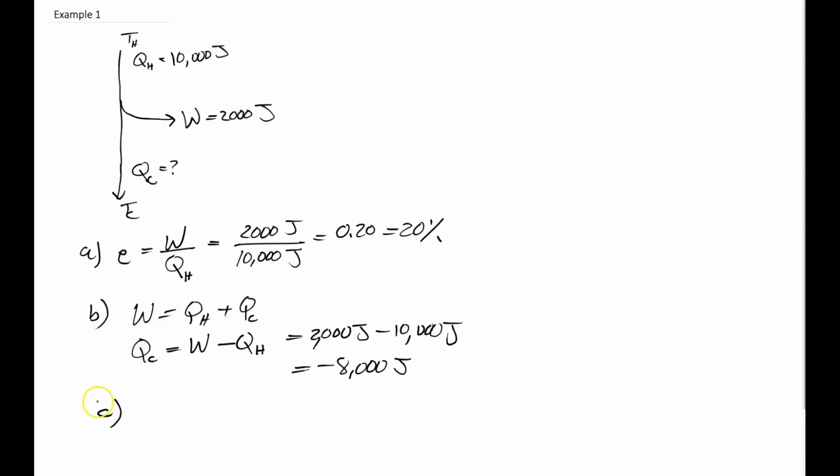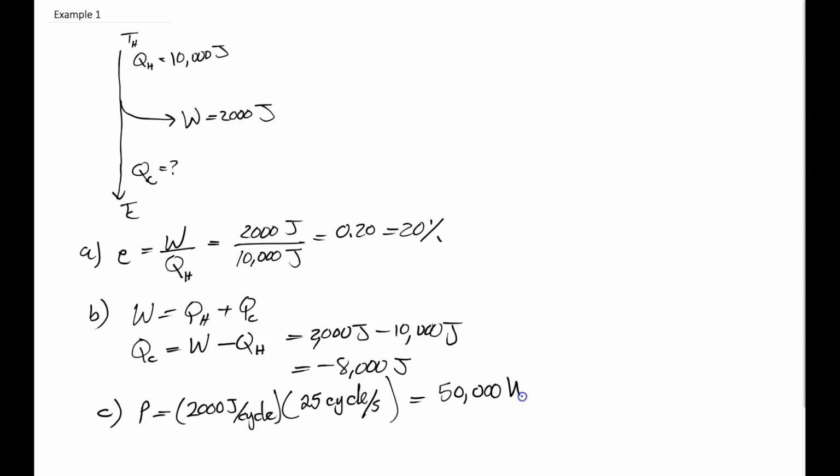Part C, we want to find the power, and the power is going to equal the energy per cycle times how many cycles per second, which gives us 50,000 watts.